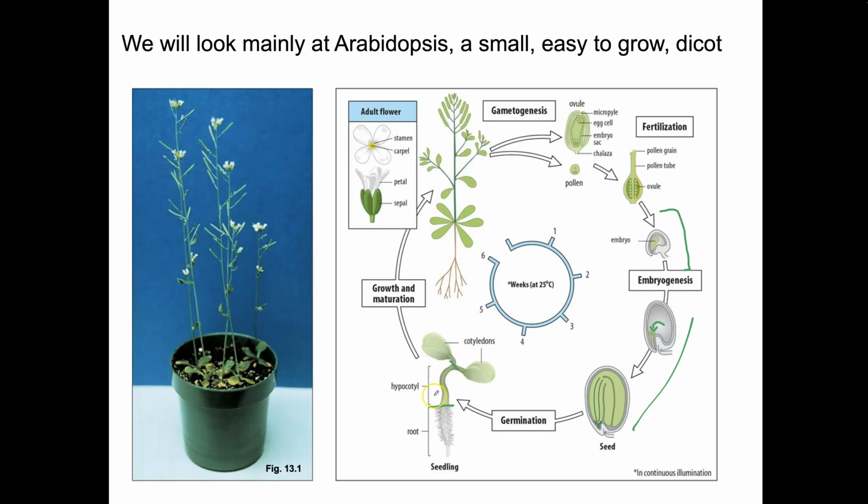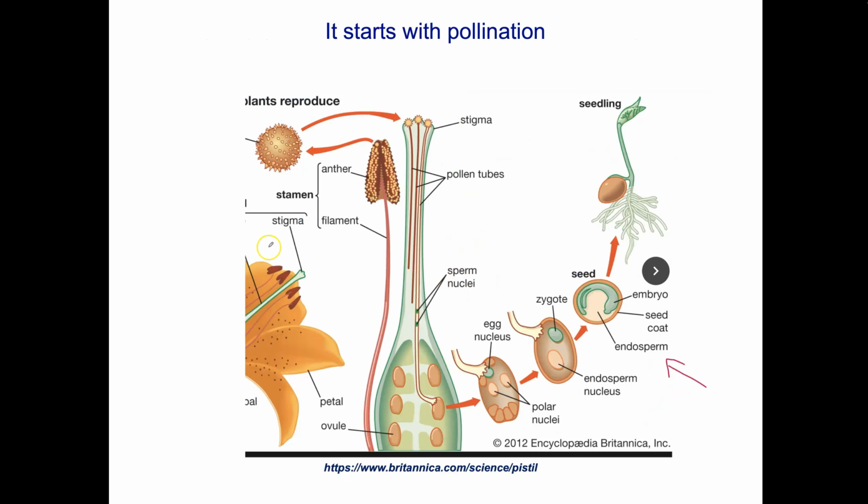So this is the hypocotyl. Hypo means below, and then the cotyledons. And then from here, the shoots and the leaves and so on are going to develop. And that might be enough for now, because we're going to look at some of these stages in more detail momentarily. So just to point out pollination.